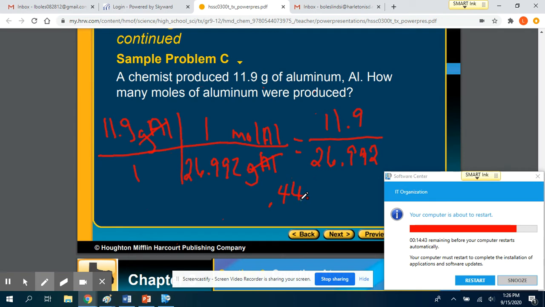It should be 3 sig figs, so 0.441, and that would be moles of aluminum. Make sure you get all of your units there.